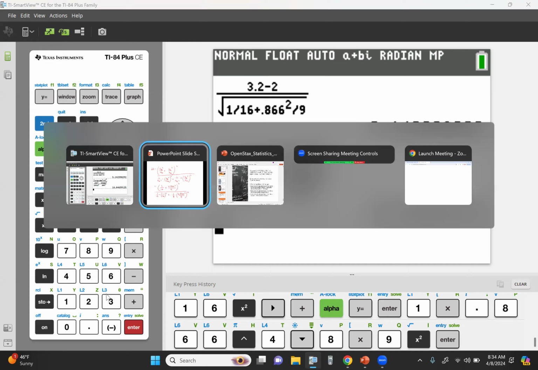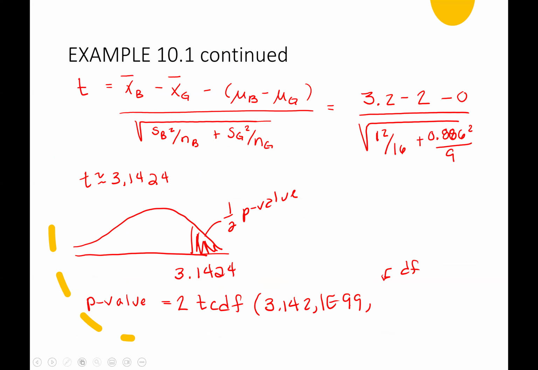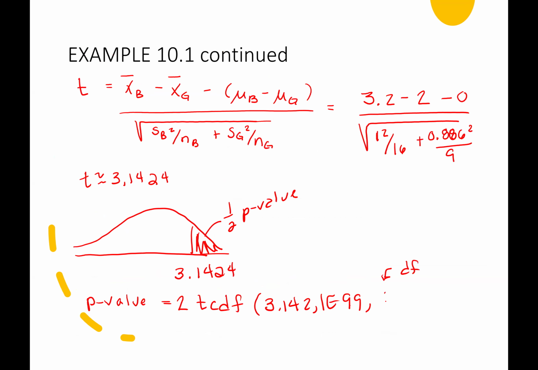Okay. So let me go back a slide. We're going to put right here in the degrees of freedom 18.8466. Okay, I've got to go back to my calculator and do this area under the curve.